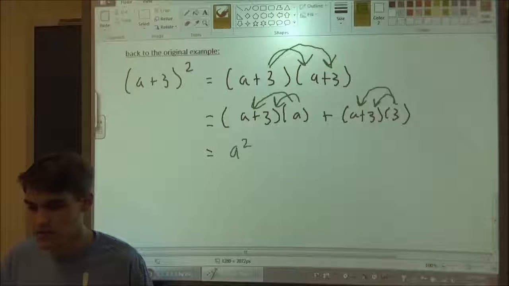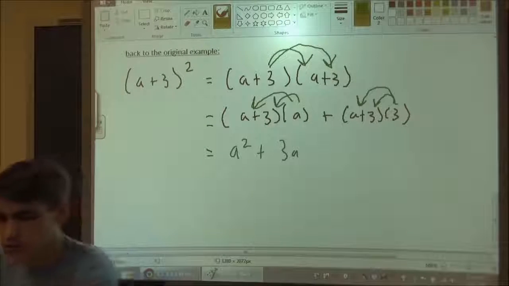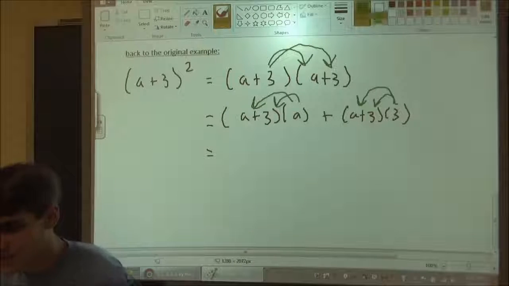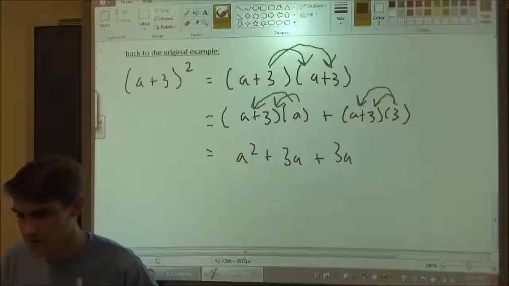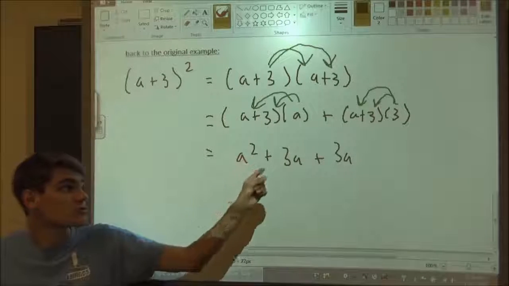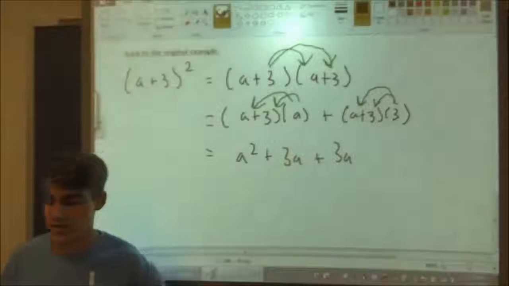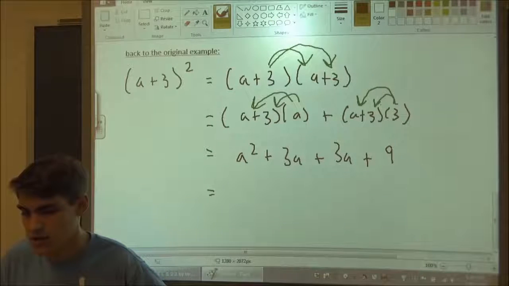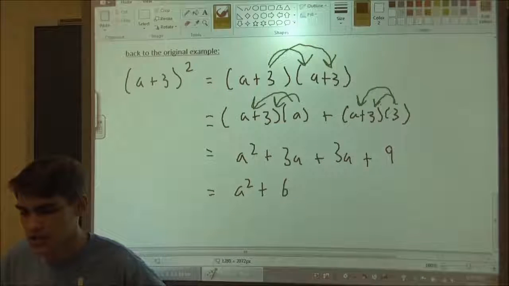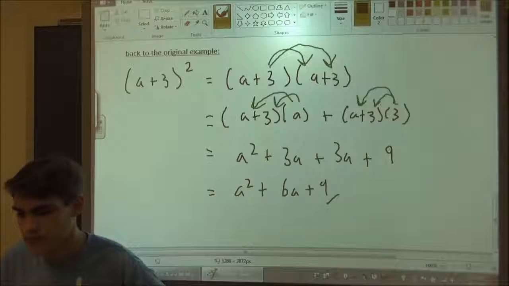So you get a squared here plus 3a. I've got to keep everything consistent. These first 2 terms are from there, and then I'm moving on to the second one now. So you get 3 squared, which would be 9, and you get 6a in the middle here, plus 9.